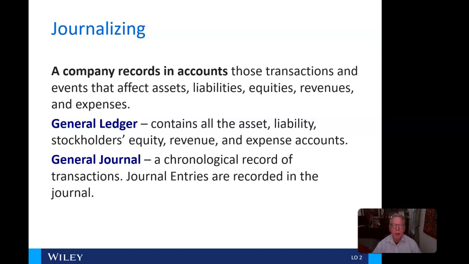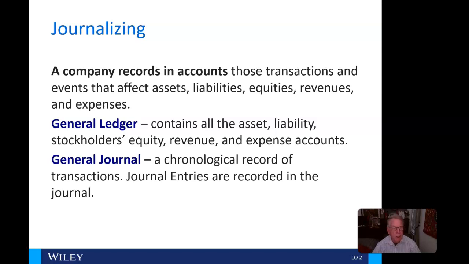So how do we do that? We do that, of course, with a journal entry. We call that journalizing. And we have our general ledger. That's going to contain all our asset, liability, stockholders' equity, revenue, and expense accounts. Our general journal is a chronological record of those transactions.